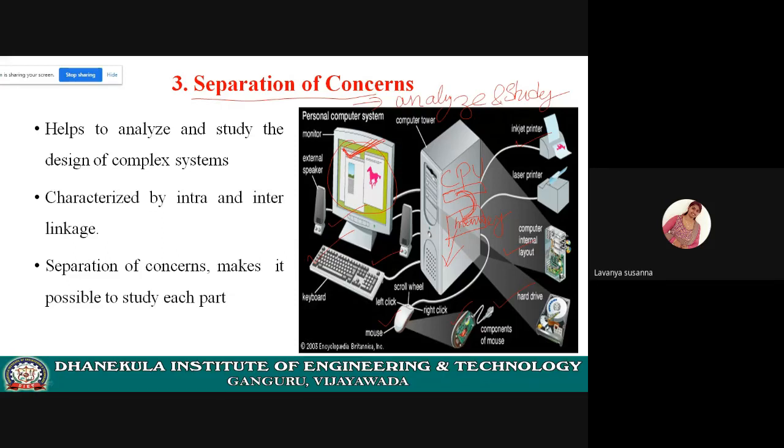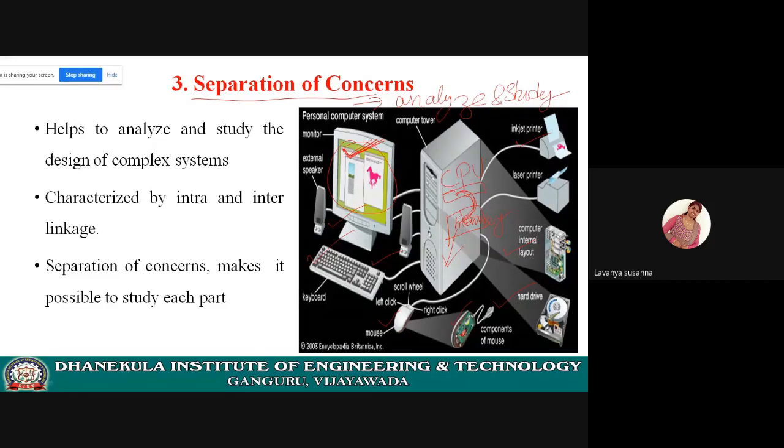So each and every component of the complex system is decomposable. You can divide it into many parts, and these components must interact with each other. There must be communication between these components. If there is no communication, then the complex system will not function. To process the data, the CPU must fetch the data from the memory.